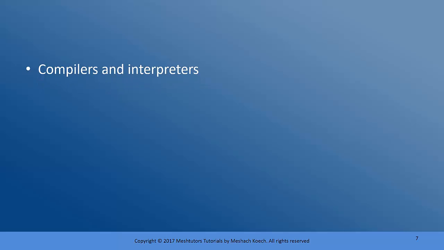These two programs translate high-level language to machine code. A compiler translates the entire program before executing it, while an interpreter translates one program statement at a time, executing a statement as soon as it is translated.